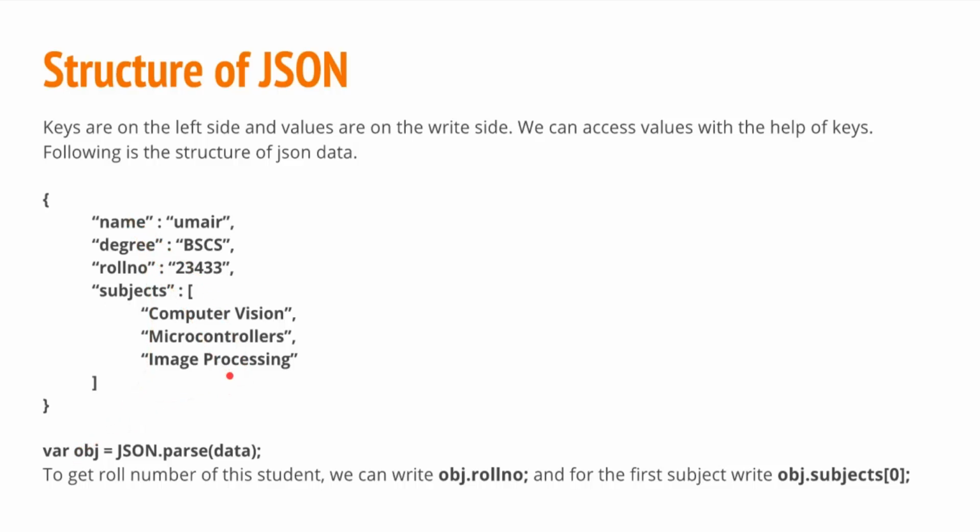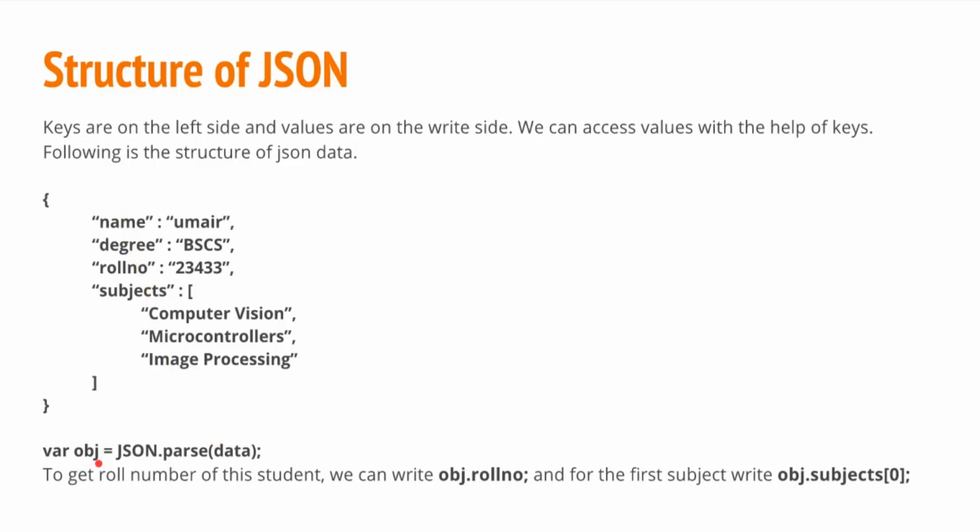In order to use JSON, we need to parse that JSON data into an object. There are different techniques for parsing JSON data, depending upon what language you are using. In this tutorial we are using JavaScript. So in JavaScript we can use JSON.parse, and as a parameter we pass the data, which will be the whole data.